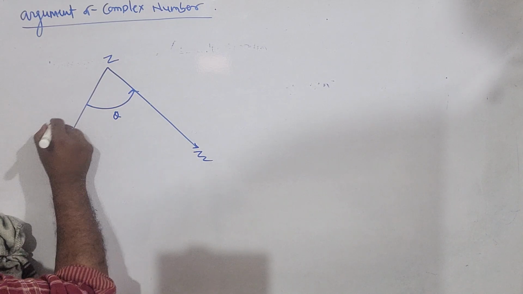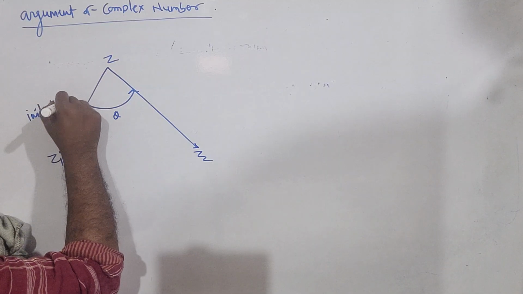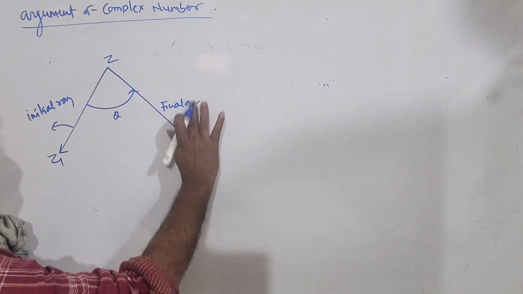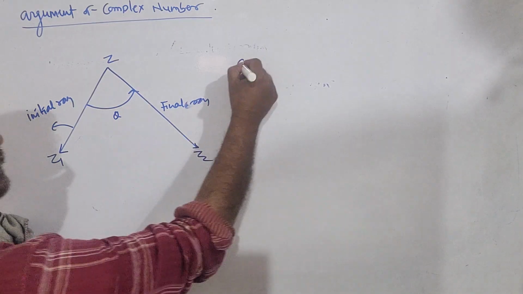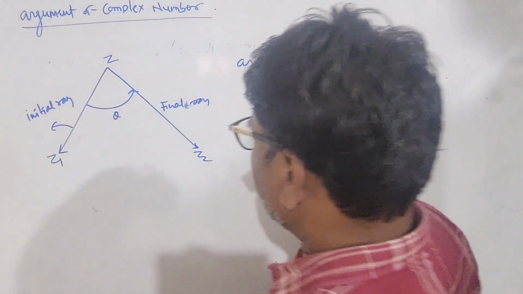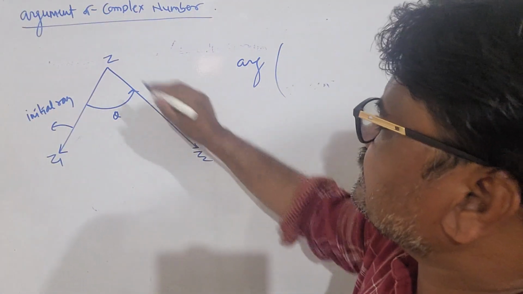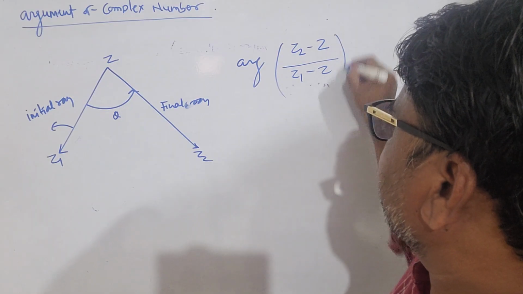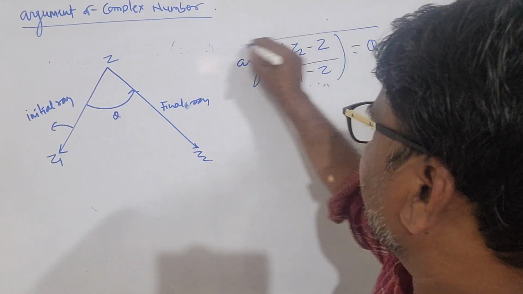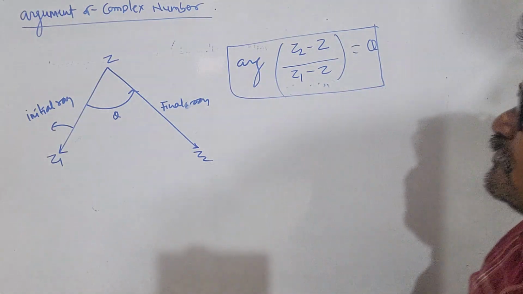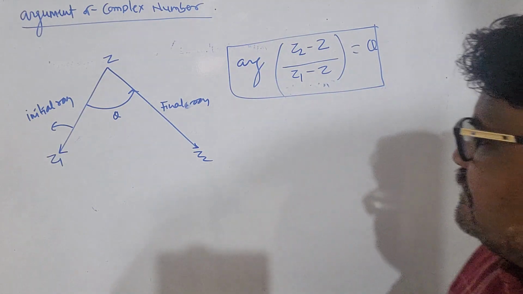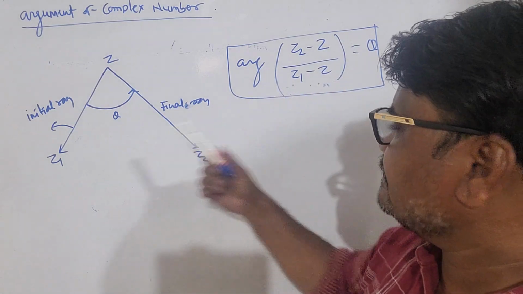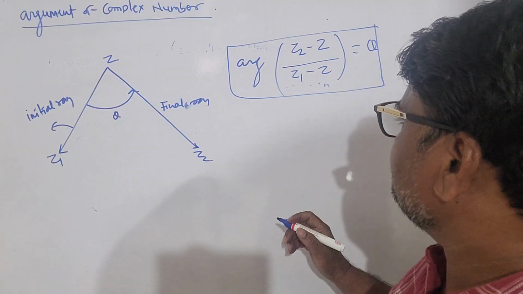This is the initial ray, and this is the final ray. So here, argument of Z2 minus Z divided by Z1 minus Z is your theta. This is very important. Look here, this is the final ray, Z2 minus Z, divided by the initial ray, that is Z1 minus Z, and that is equal to theta.